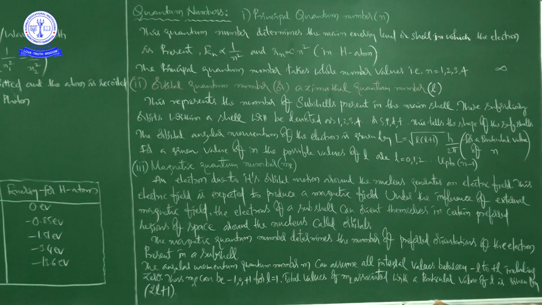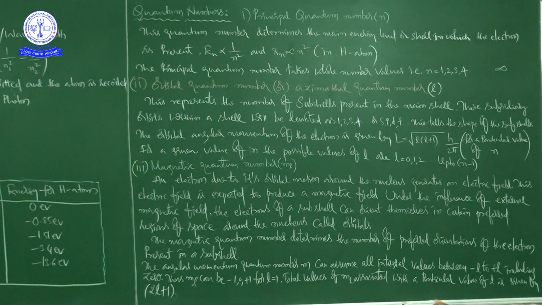That is the main point to keep in mind. Then these subsidiary orbits within a shell will be denoted as 1, 2, 3, 4 or s, p, d, f, and this tells the shape of the subshells.